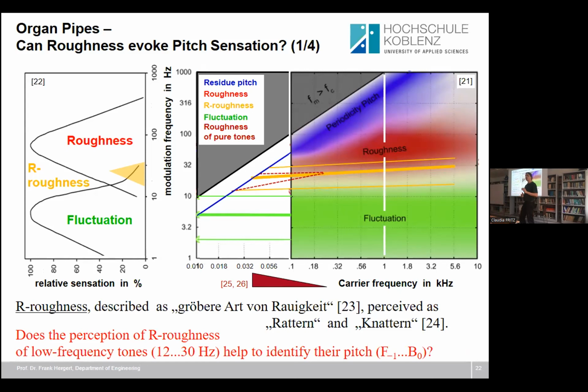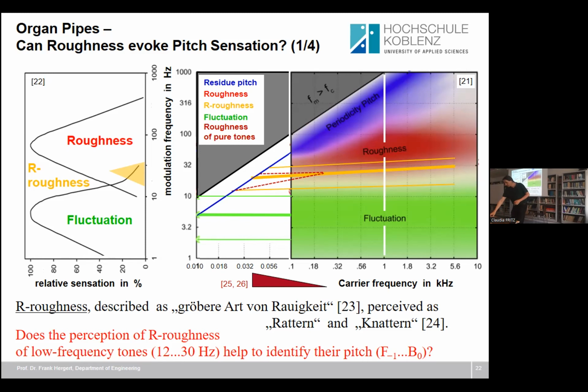This is exactly where the pipe organ exploits this effect of acoustic bass, of periodicity. The dashed lines refer to publications of Mishkiewicz, who has studied the roughness of pure tones, of sine tones, and also measured roughness perception. And this also fits somewhere into this region.